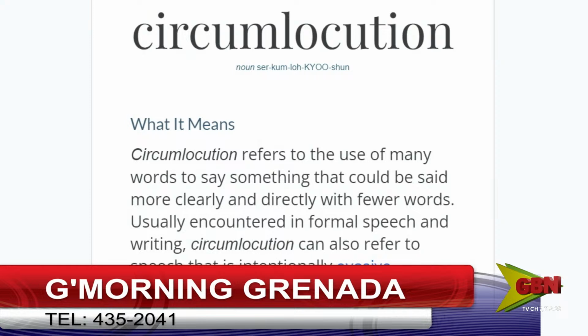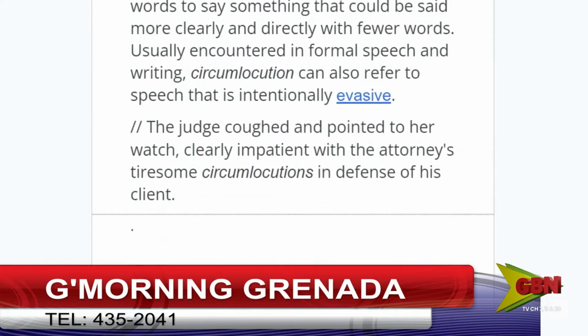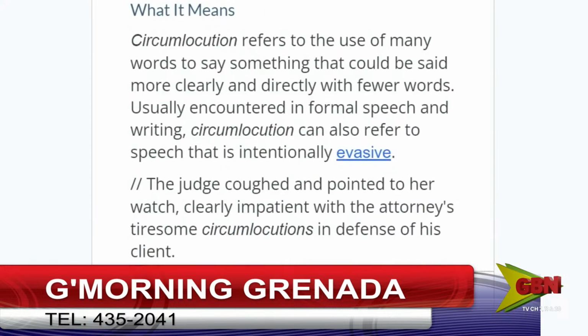Now here's how we can use that word in a sentence. The judge coughed and pointed to her watch, clearly impatient with the attorney's tiresome circumlocutions in defense of his client. Using a lot of words and not saying anything, you understand? Yeah, attorneys do that a lot too in the court.